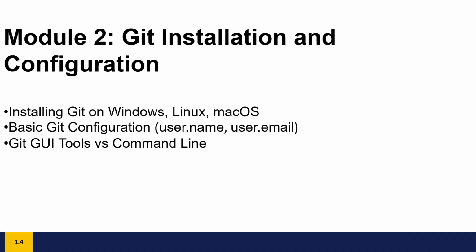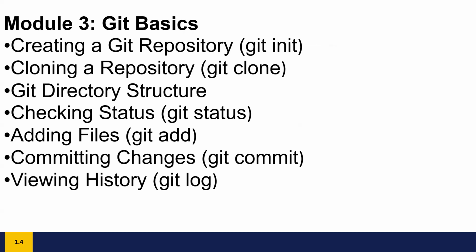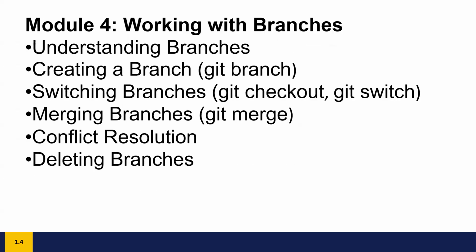Module 2 will discuss Git installation and configuration: installing Git on Windows, Linux, Mac, basic Git configurations, Git GUI tools versus command line tools, meaning VS Code, Eclipse, and how we can use them. Module 3 is Git basics: creating a Git repository, cloning a repository, Git directory structure, checking status, adding files, committing changes, viewing history.